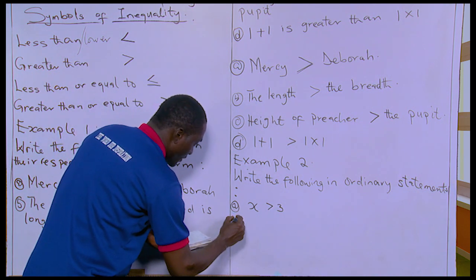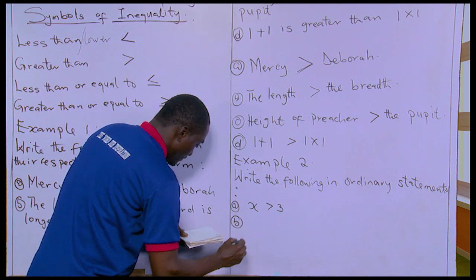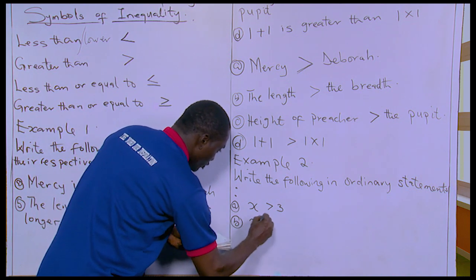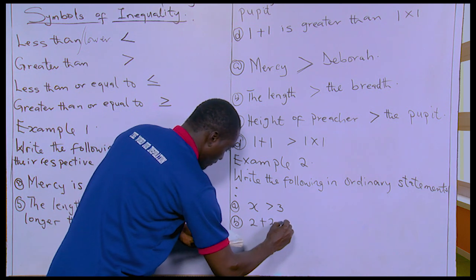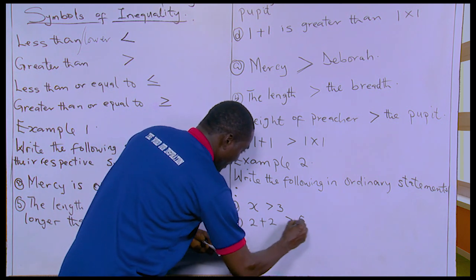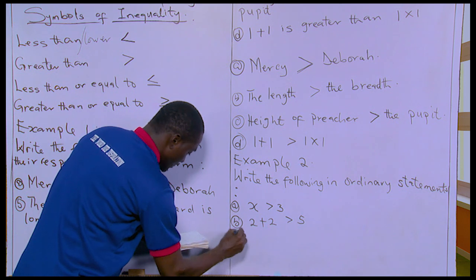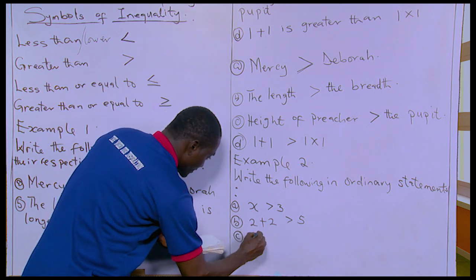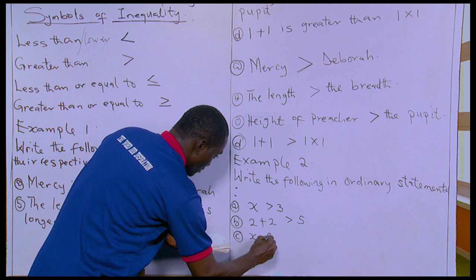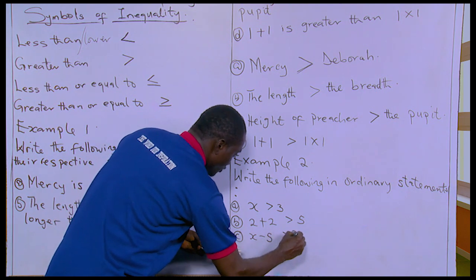B: 2 plus 2 is greater than 5. C: x minus 5 is greater than 2.